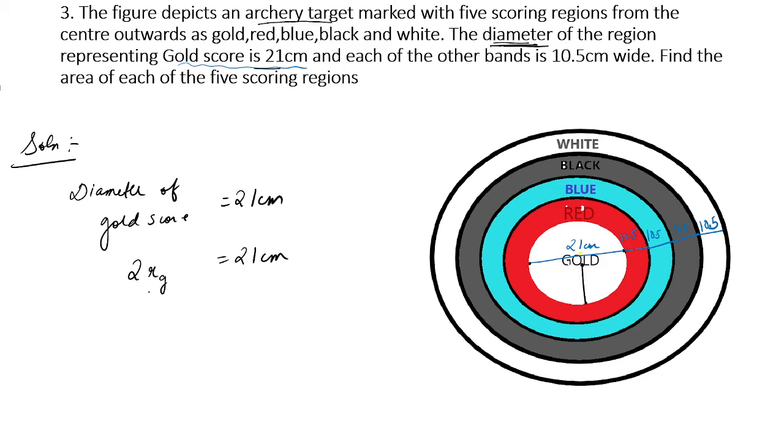So I'm saying that this is the diameter of the gold score, G denoting gold. So I'll be writing my notation RG, 21 centimeter. If you're confused with RG, write it as R1 also, whatever you're comfortable with. I'm just writing G because it represents gold, so it's easier for me to understand. So when you divide, you'll be getting this as 10.5 centimeter. That means the radius of the gold is 10.5 centimeter.